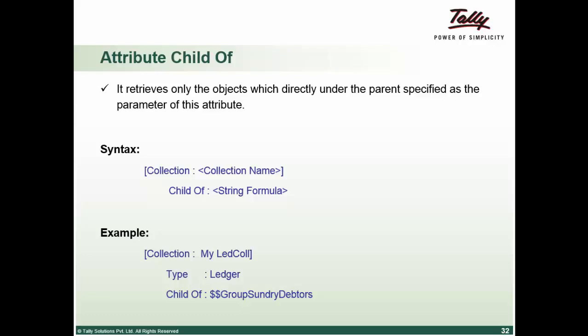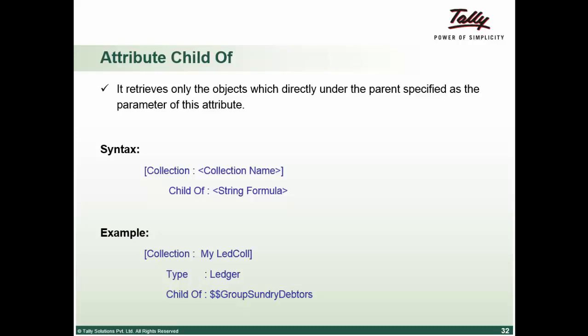Now, what is the difference between the utility of this function and directly writing the text sundry debtors? In case any person changes the group name in the master, $group sundry debtors can still identify that it is sundry debtors, even though the name has been changed.